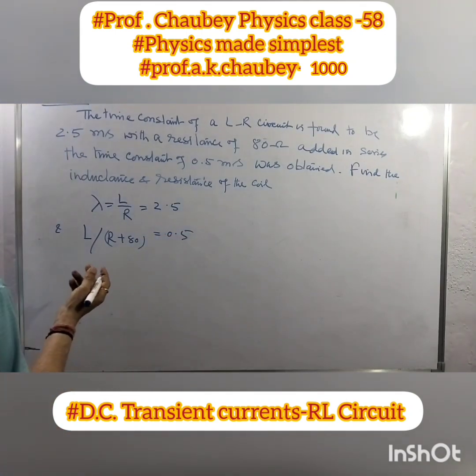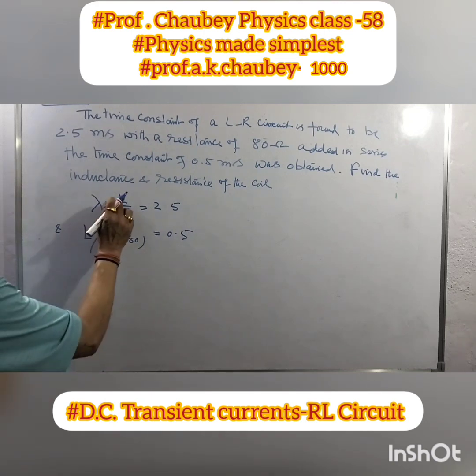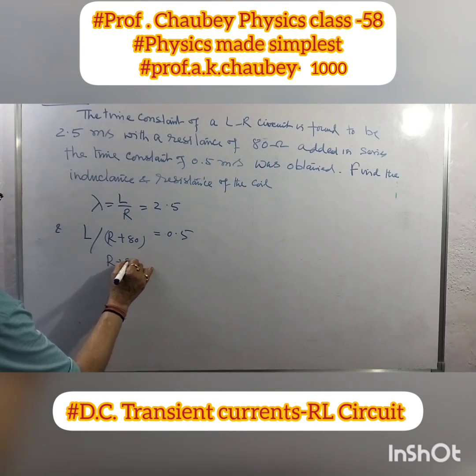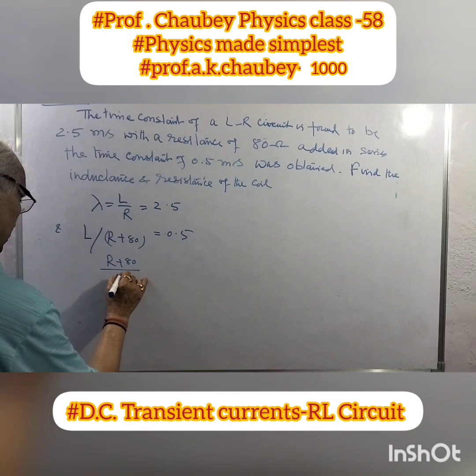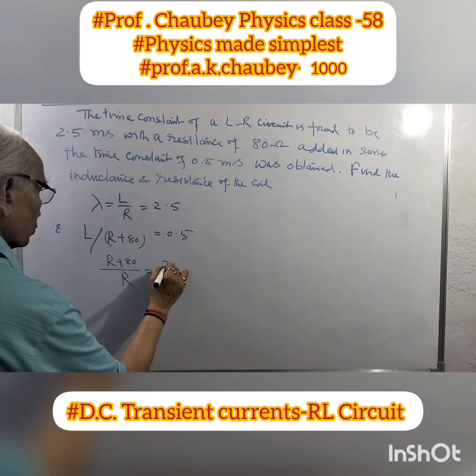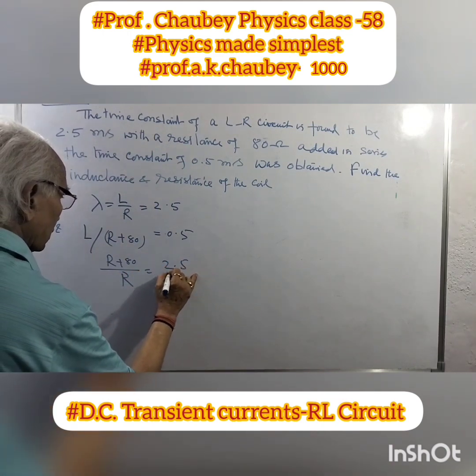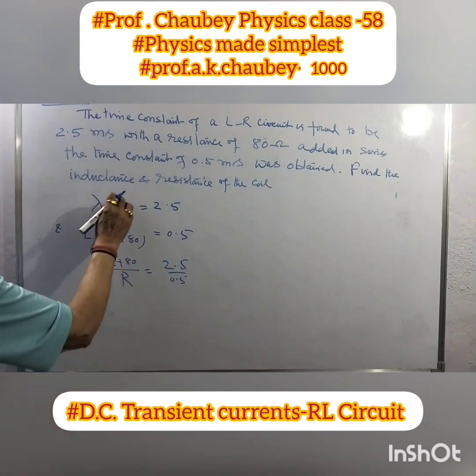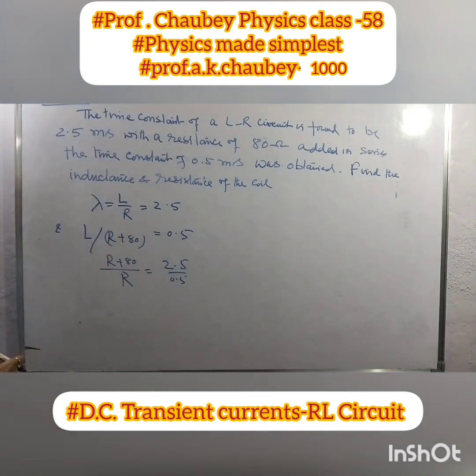So these are two simple mathematical equations. From these two equations, R plus 80 divided by R is equal to 2.5 divided by 0.5. Meaning you are dividing one equation by the other.